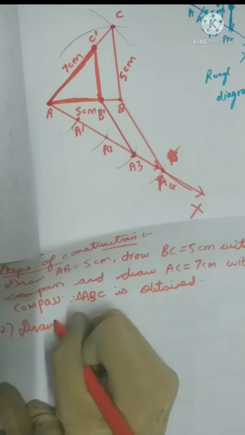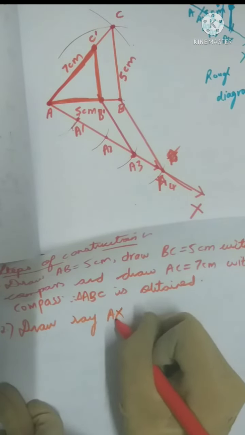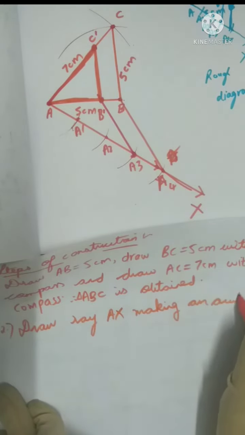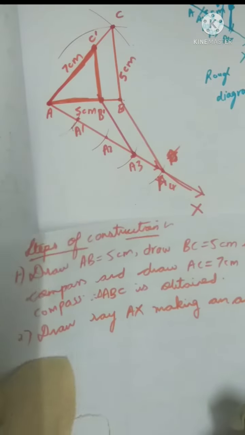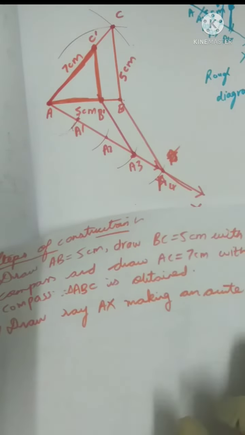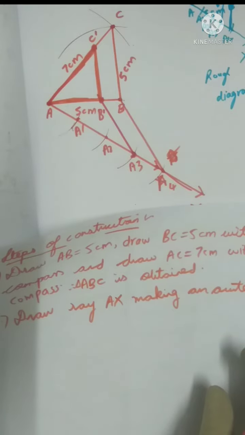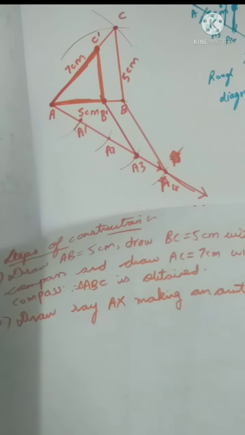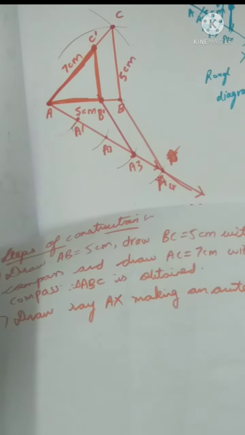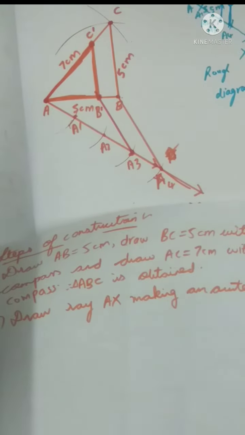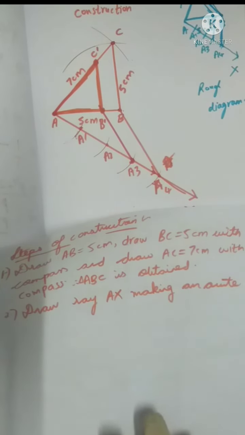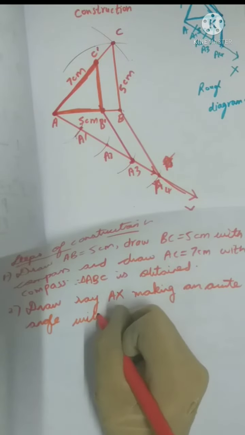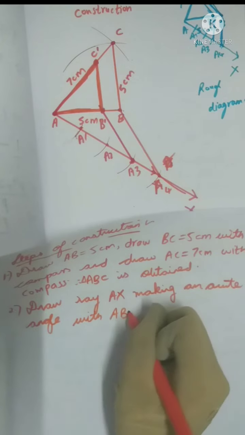So draw ray AX making an acute angle with AB. Okay, next what are we going to do?